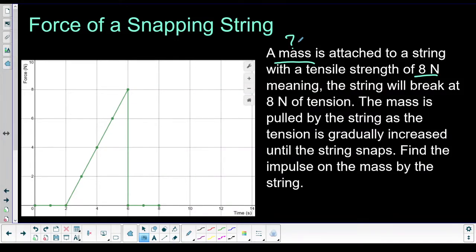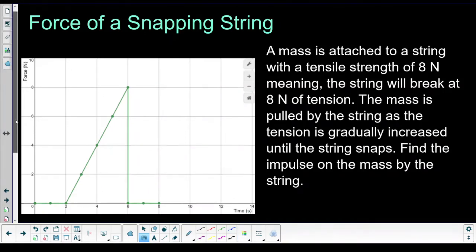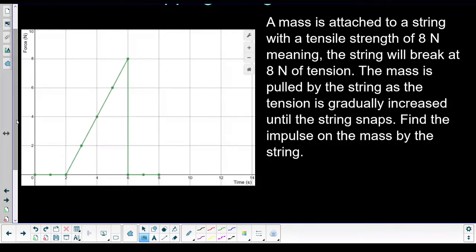So here is a graph of the force as a function of time acting on this mass. So what we want to do to find the impulse, we're going to take advantage of the fact that impulse is equal to force times time. And we're going to find the area underneath this graph.